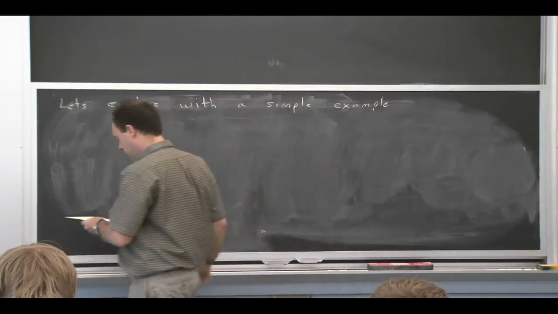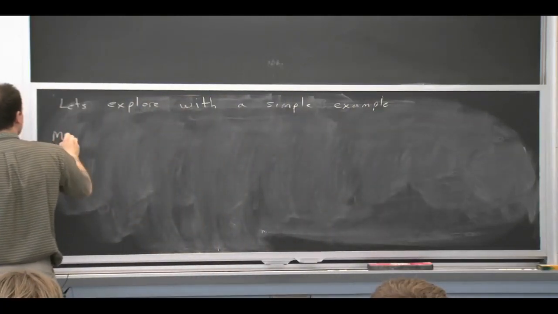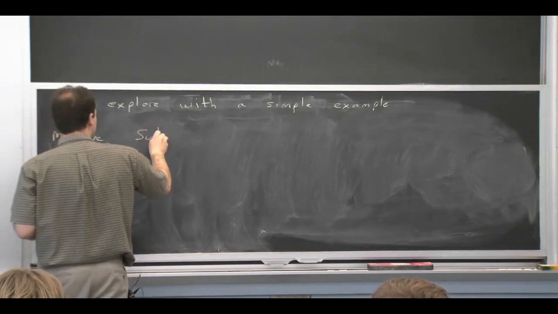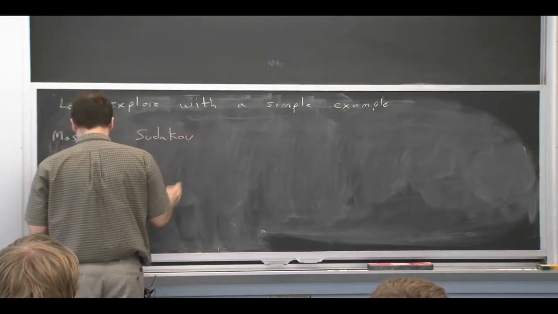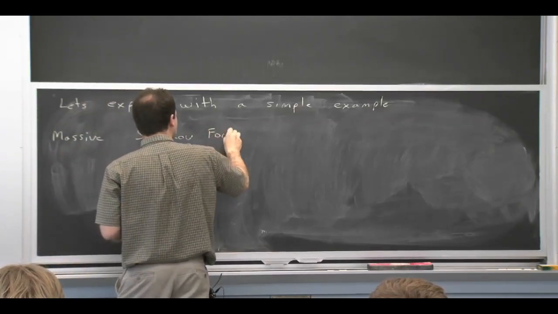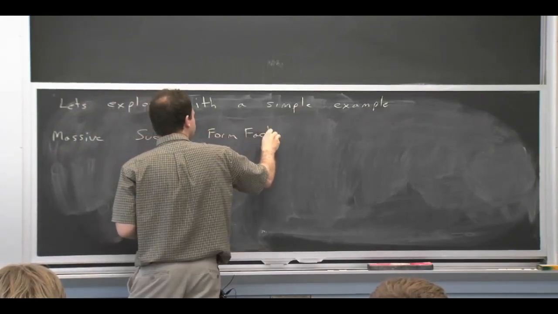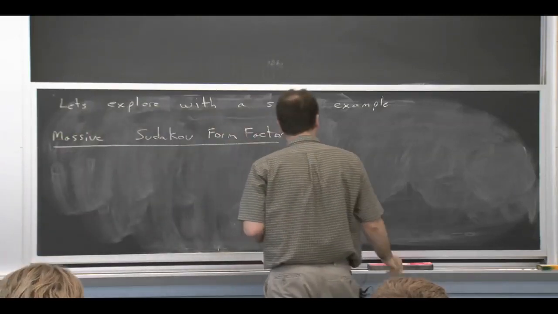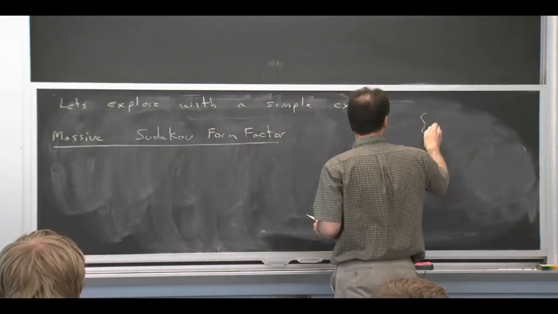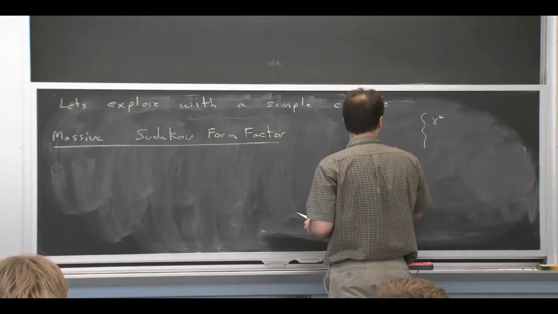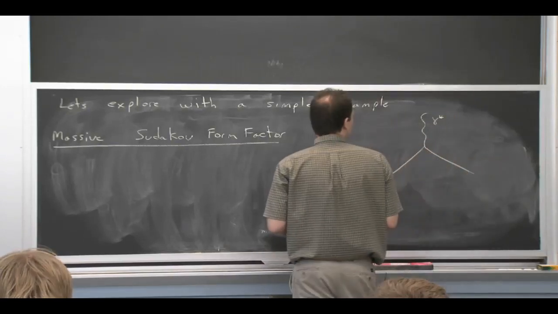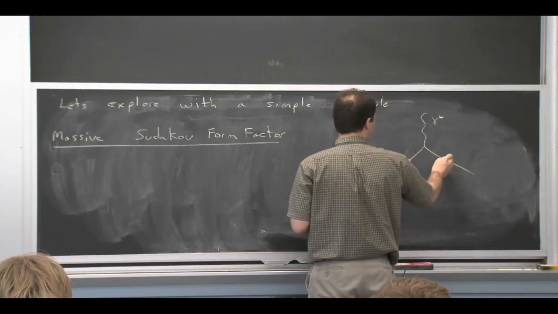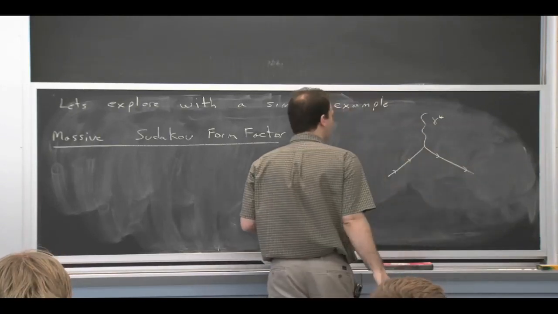So what I'll talk about is something called the massive form factor. You should think of the setup as follows. We're going to consider a form factor, and it's going to be a space-like quark-quark form factor.